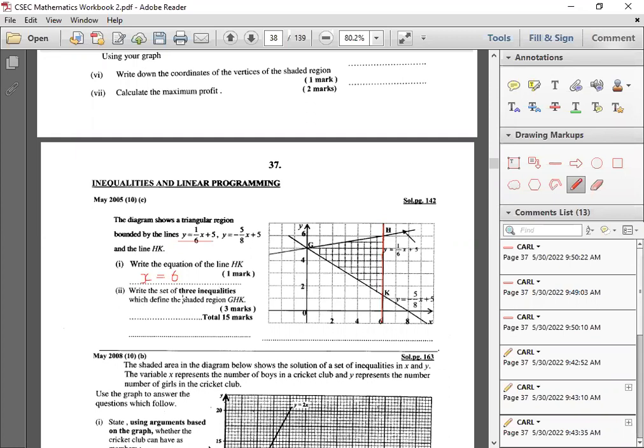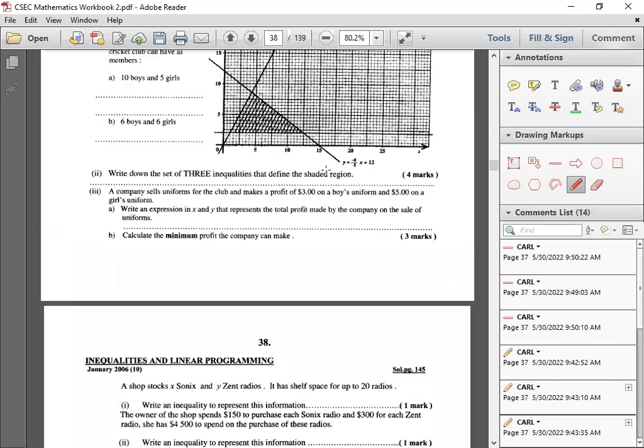So now we're asked to write the set of 3 inequalities that define the shaded region. So this is the shaded region, and we're asked to convert the equations into inequalities.